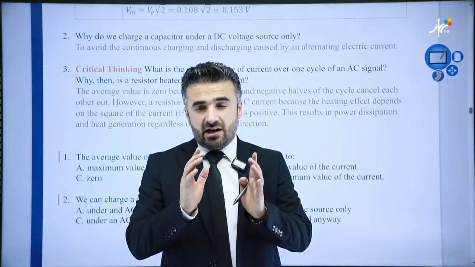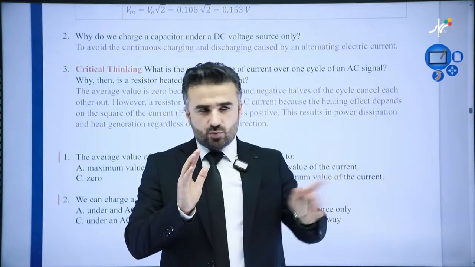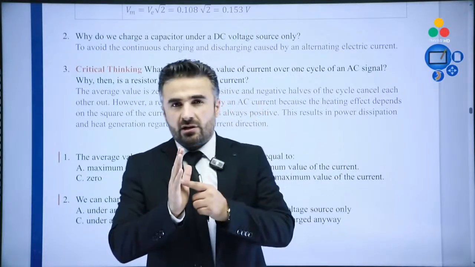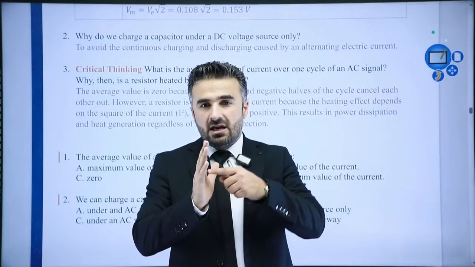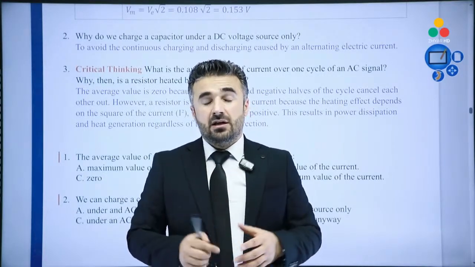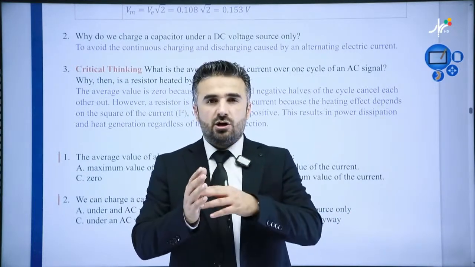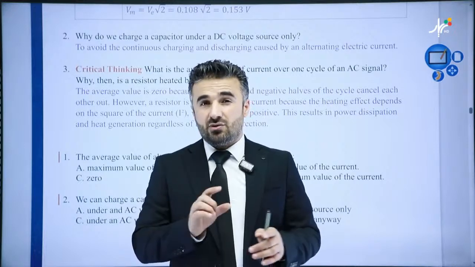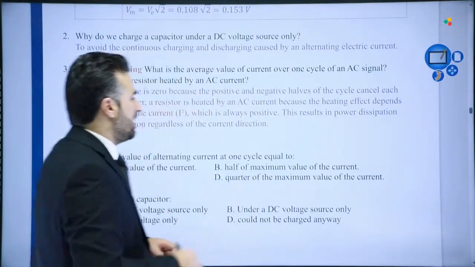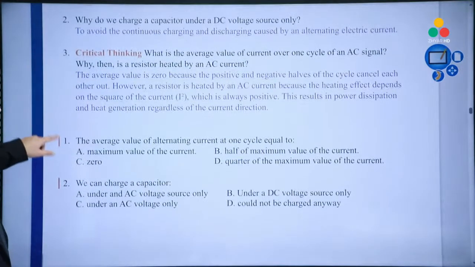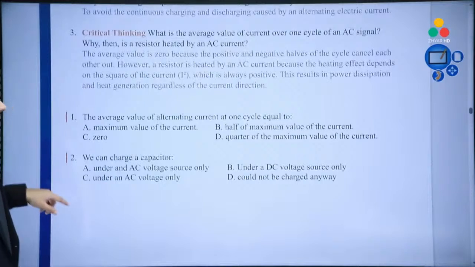For the other half of the cycle, the first will be negative and the other positive. Focusing on one plate, half a cycle it is positive and the other half negative, so they cancel one another out, and we end up with no net charge on the plate. That is why we cannot use AC. The capacitor has to be charged with direct current, to avoid the continuous charging and discharging caused by the alternating current.